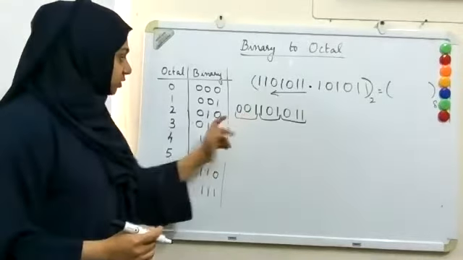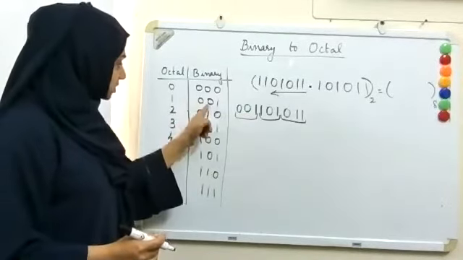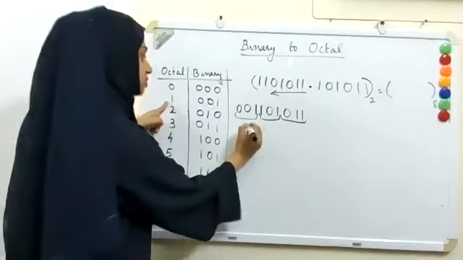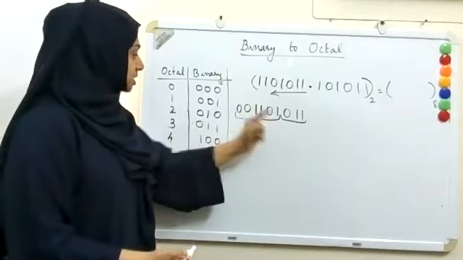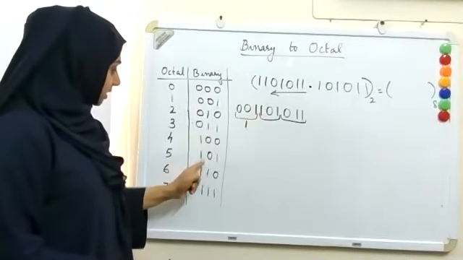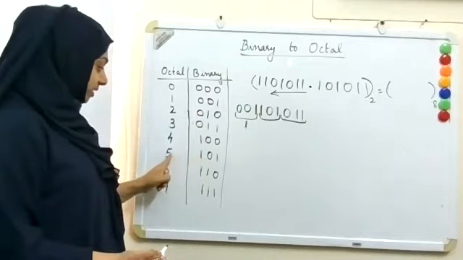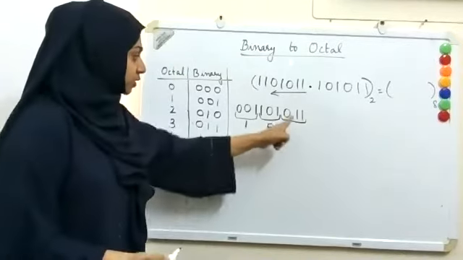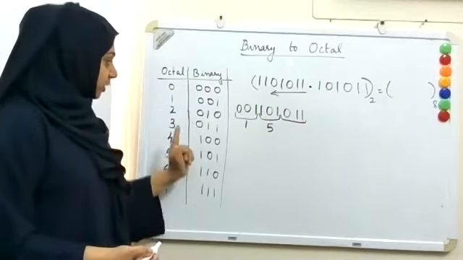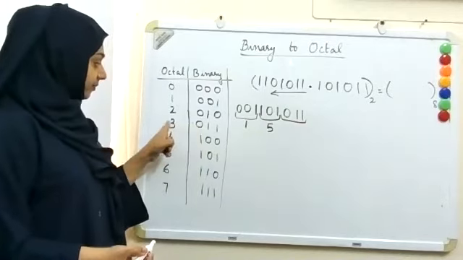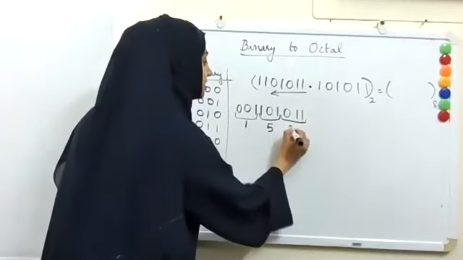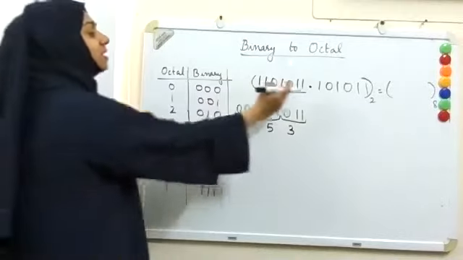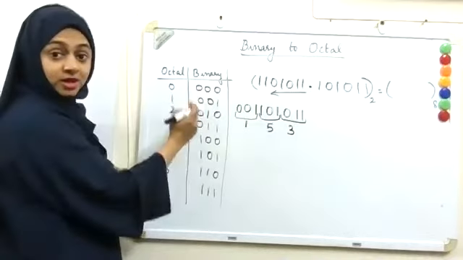Now what is 001 corresponding to? 001 corresponds to 1. So I will write here 1. 101 corresponds to 5. So I will write here 5. Now 011. 011 corresponds to which number? 3. So I got the number before the point.